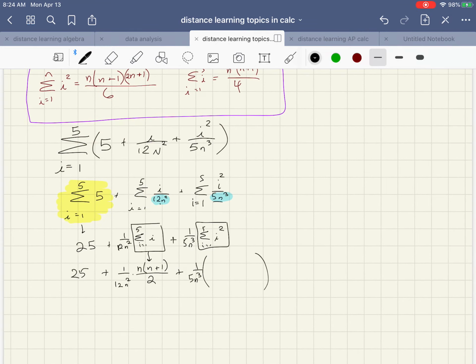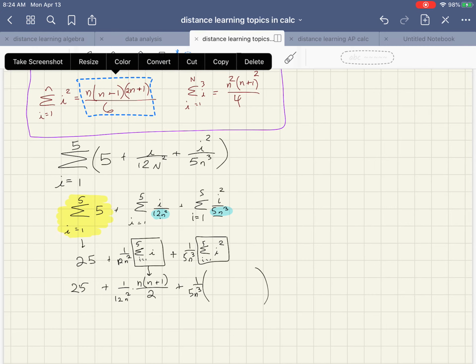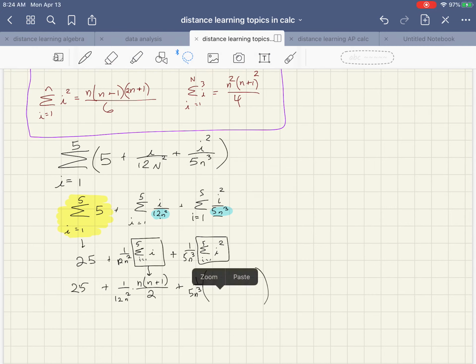I'm going to zoom out so you can see the formula. It's right here. So I'm going to save myself a little bit of work, copy that, and paste it down here.